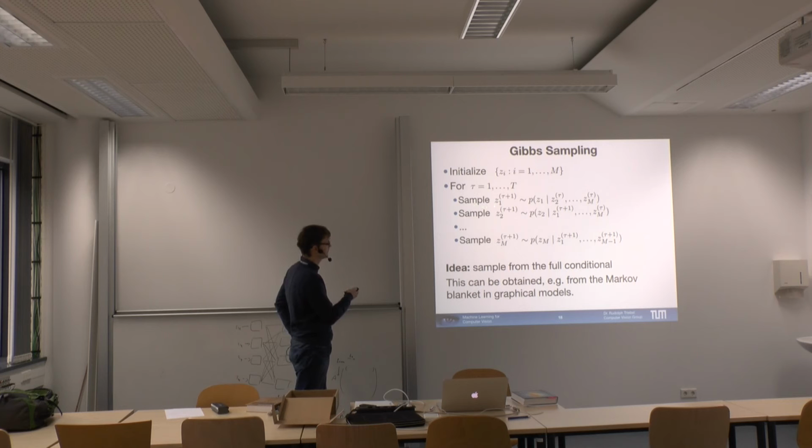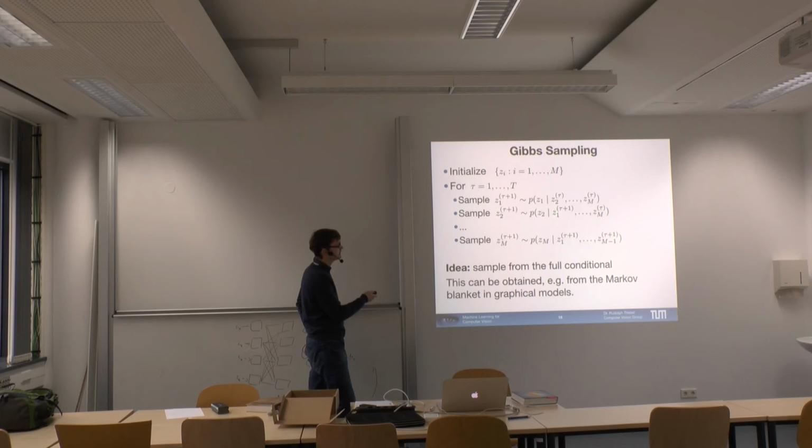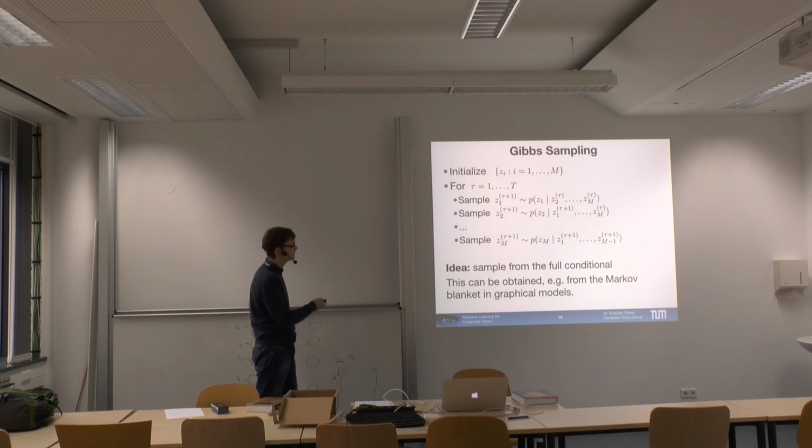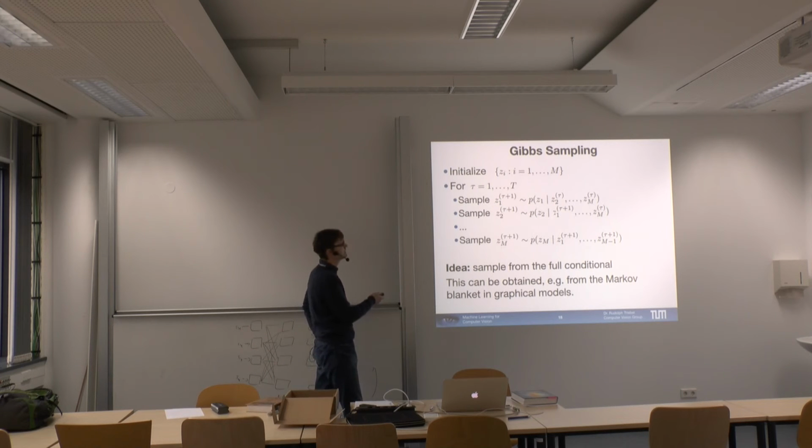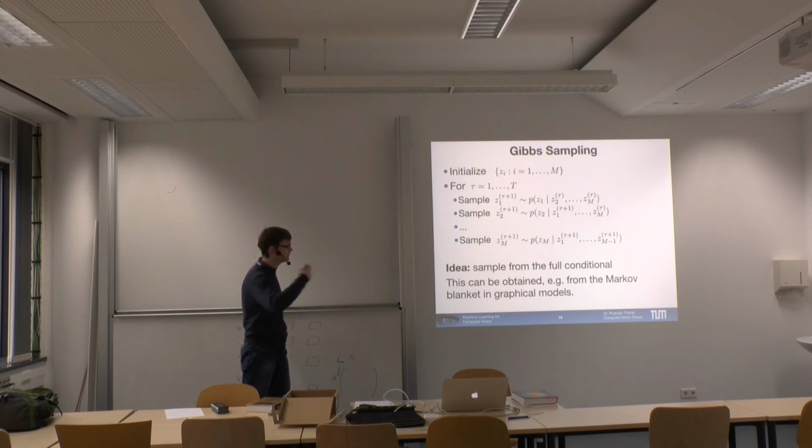That means once we have sampled the first variable, we use that sampled variable and plug it into the next round of sampling, right? This is already z1 at tau plus 1, which is the very recent sample that we got. We just put that in here, and in the next step we sample from the full conditional, but now with the new samples put in, right? This is the whole idea, right?